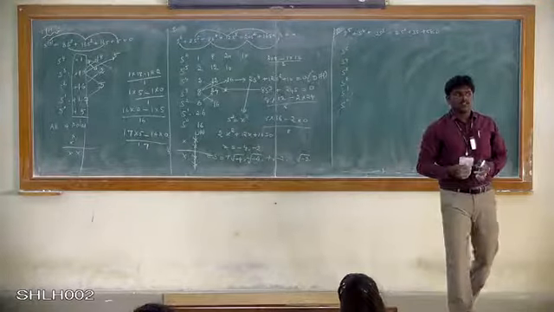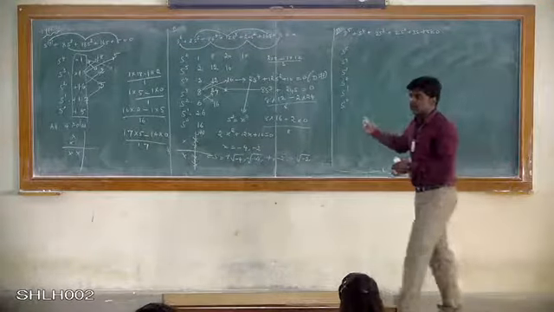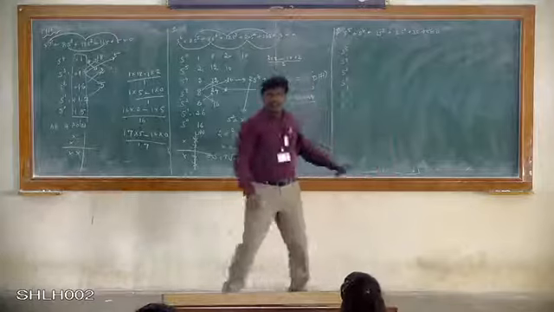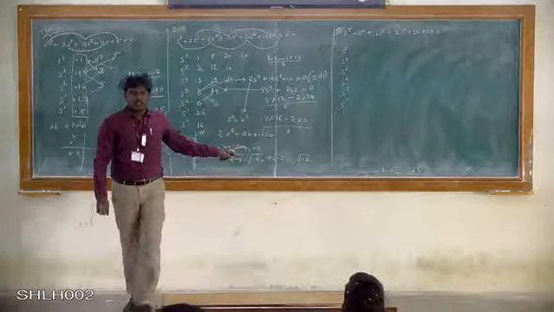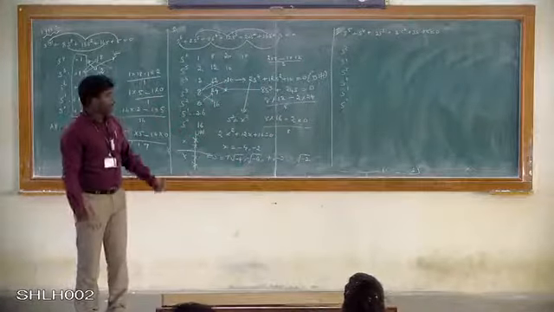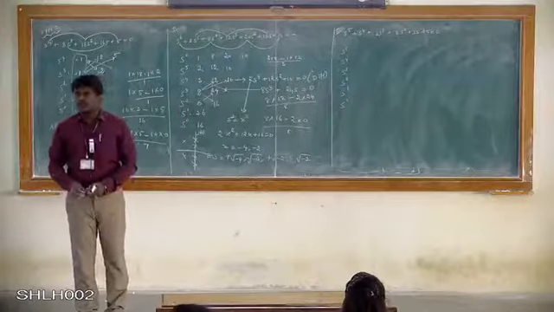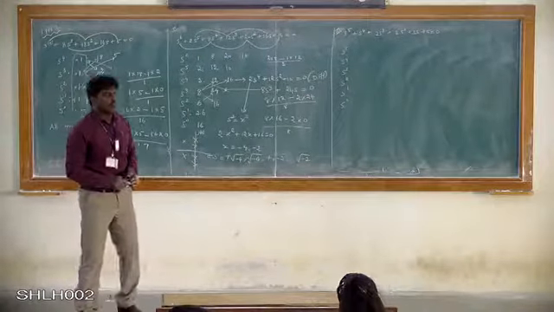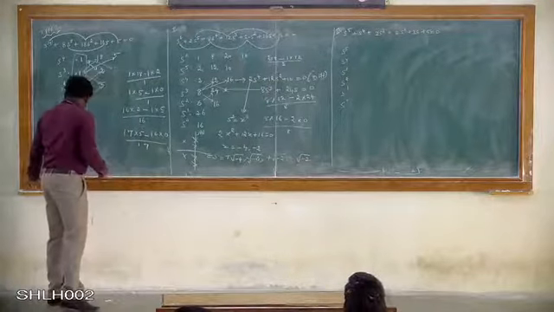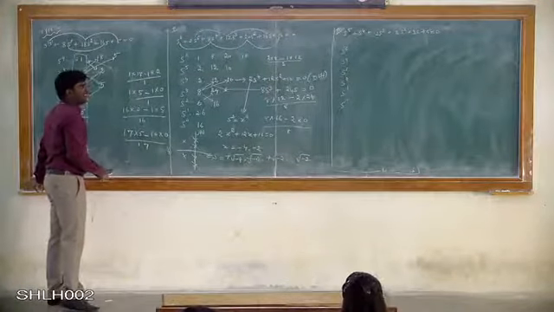Okay, so we will solve the third type also, right? So that you have understood this. Form the Routh array for S power 5 and S power 4.